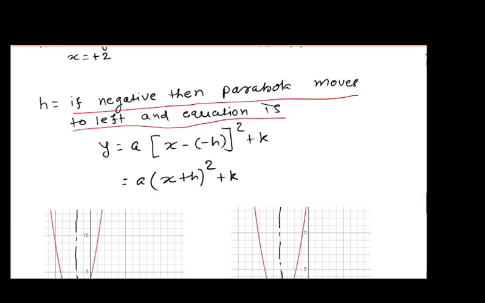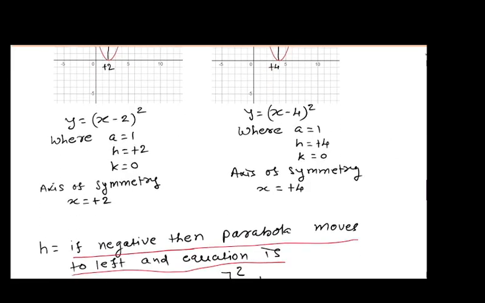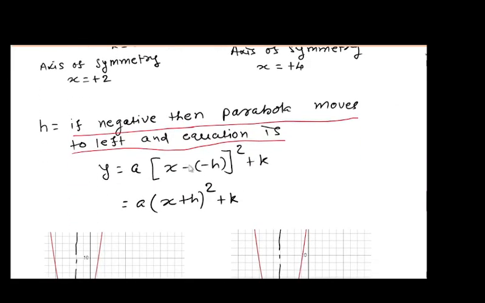Remember, when h is positive, my equation is still y is equal to a into (x minus h) square plus k. But when my h value is negative, then I have x minus h, so here it becomes (x plus h) square plus k. Many people make mistakes over here, so I want you to be very careful over here.